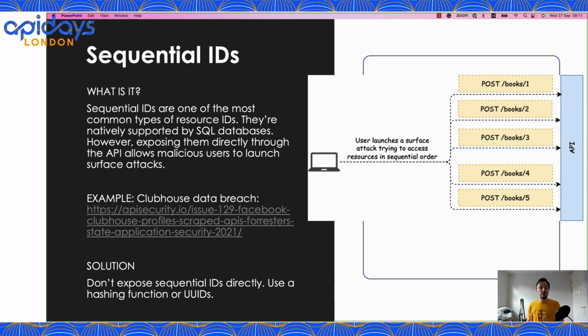The way to prevent it, from a security by design perspective, is to hide those IDs. First of all, if we can, maybe we don't use sequential IDs in our database, but if we have to use them, then we use something like a hashing function to mask the original value and expose something else to the user. Something consistent though, a permanent identifier, but different because of the hashing function.